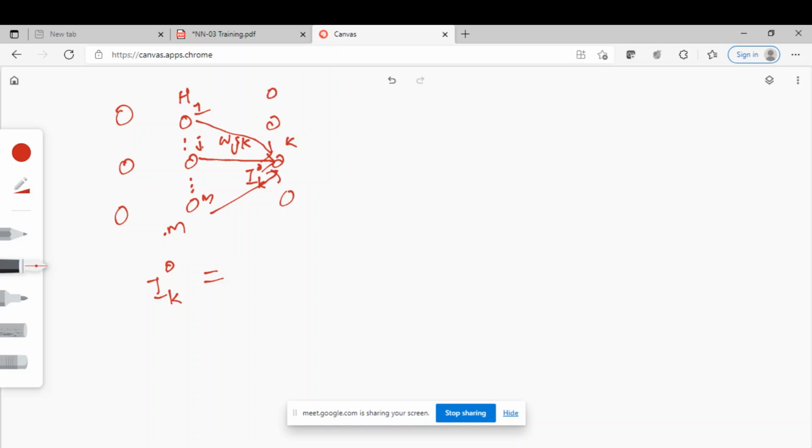Similarly, O2 into W2K, and so on and so forth. This is the jth neuron, Oj into WJK, plus this is the mth neuron, the last neuron, Om into Wmk. So that is how. This is the equation.